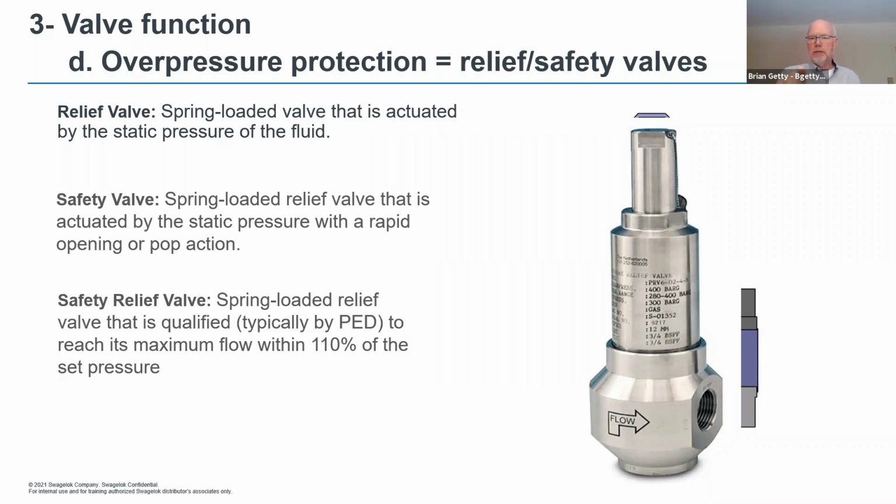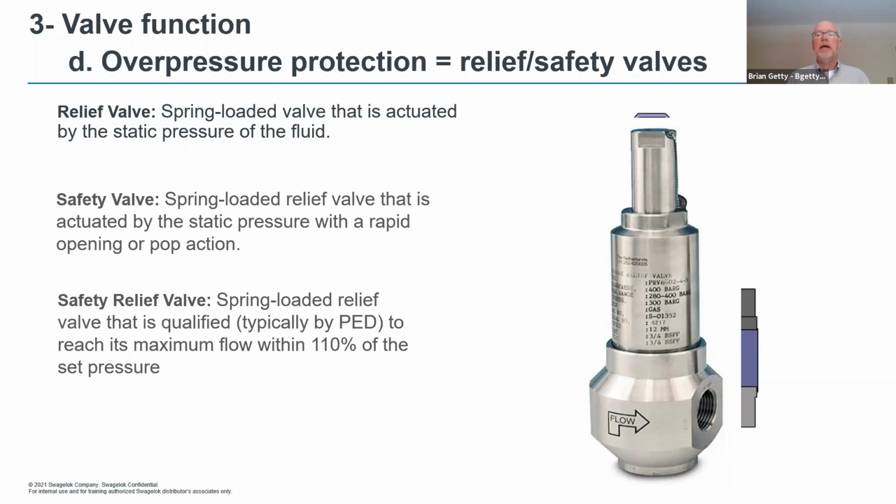To a safety relief, this photo here is of a safety relief. It functions just like what you had seen before. The first valve you saw was a relief valve. The difference with this one here is that at 110% of its original set pressure, it is 100% open. Whereas with a relief valve, the first valve you had seen, at 110% of its set pressure, it may not be 100% open, it may be only 10 or 20% open.